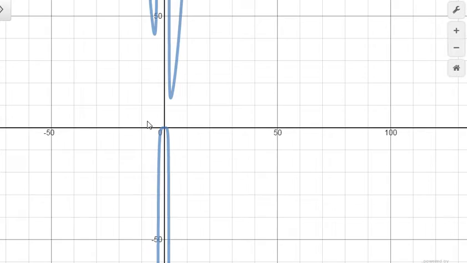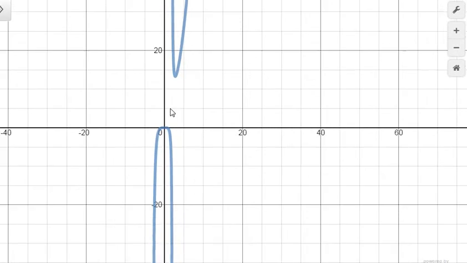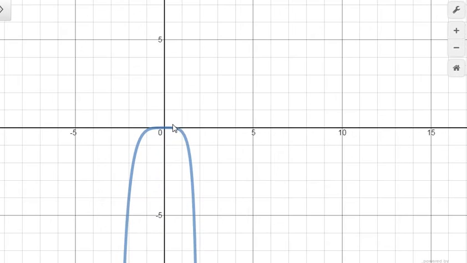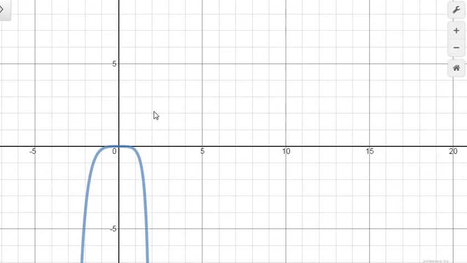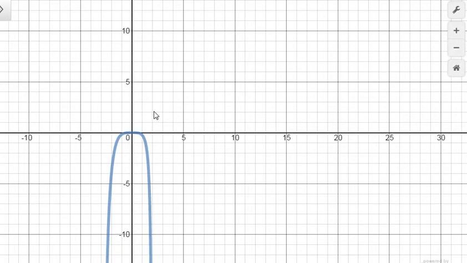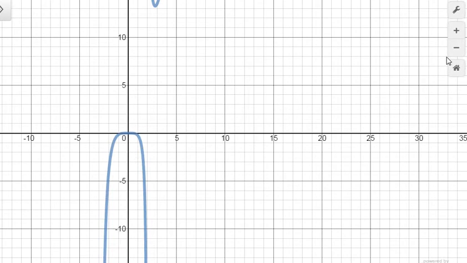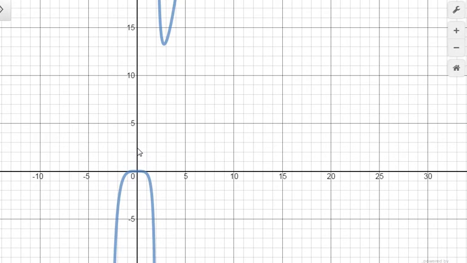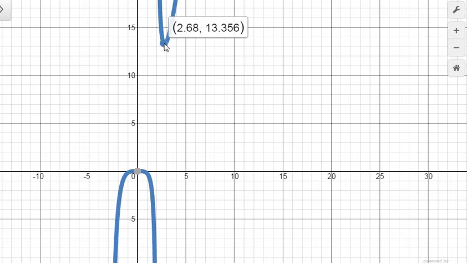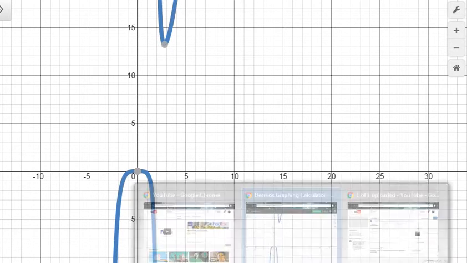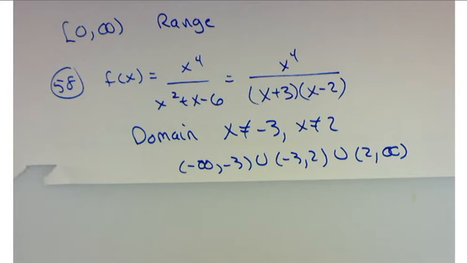You can see that there's a little bit of a gap here. It's called a vertical asymptote, right at the places where we predicted, at 2 and at negative 3. As far as the range is concerned, that one's going to be a little bit trickier to deal with. There's a gap on the range too, but I'm not going to worry about that one for right now. Are we okay with the domain here? So there's your domain.